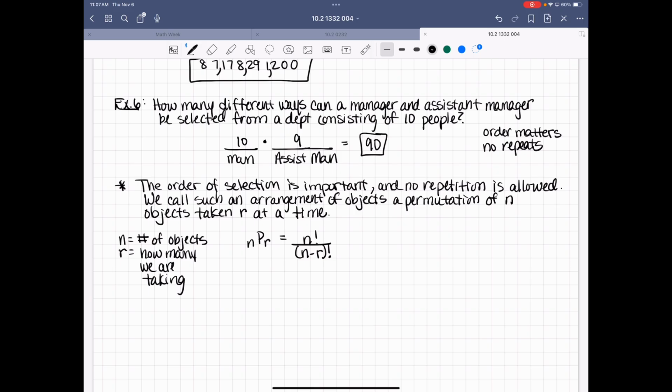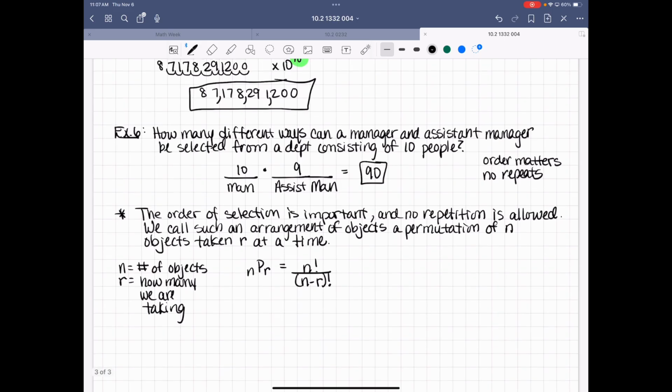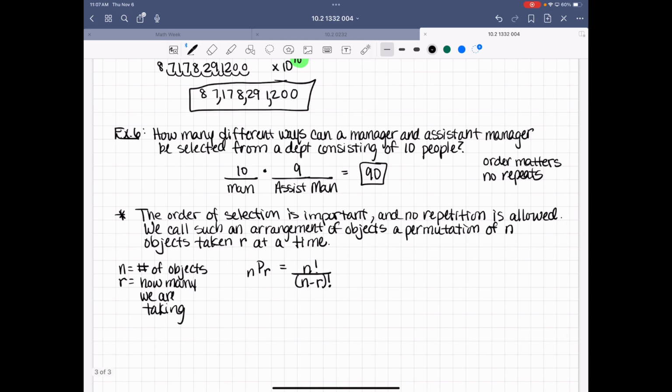Now, let's think about up here. We didn't have to make too many slots. We didn't have to do a whole lot of multiplying. We could have, on example 6, gone, okay, we have 10. We're taking 2. This is really 10 factorial over 10 minus 2 factorial.